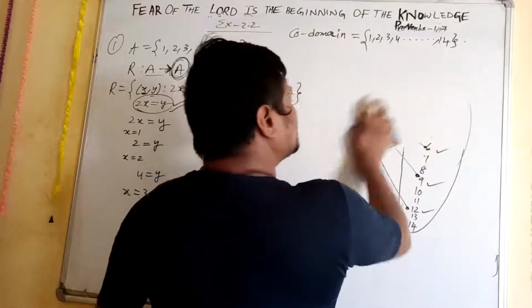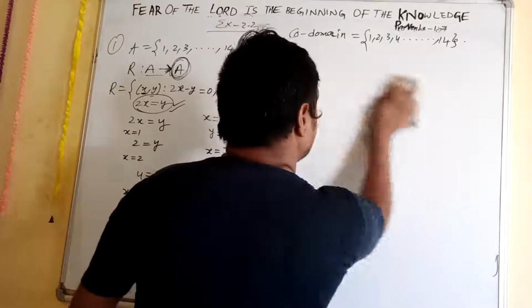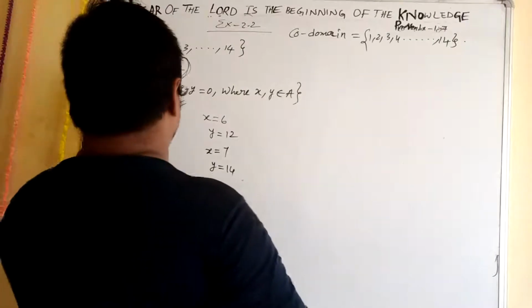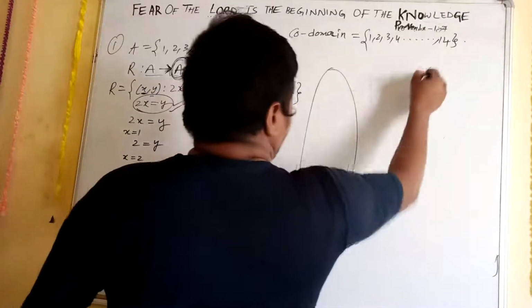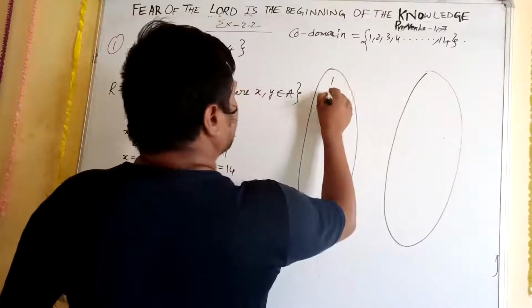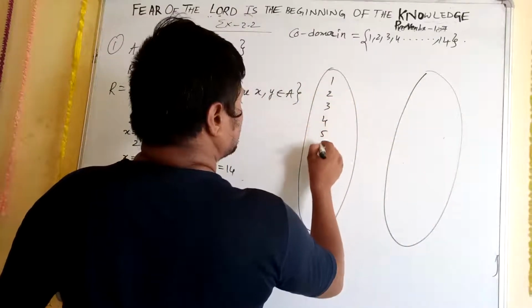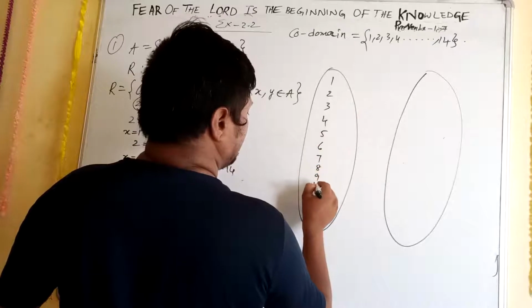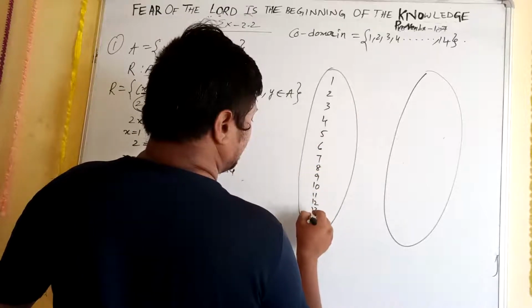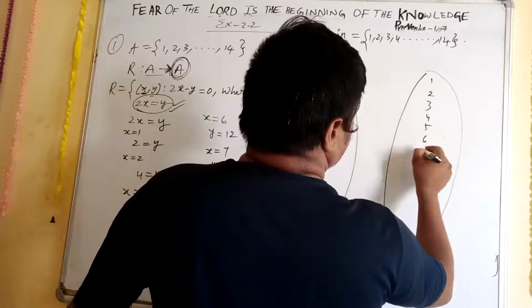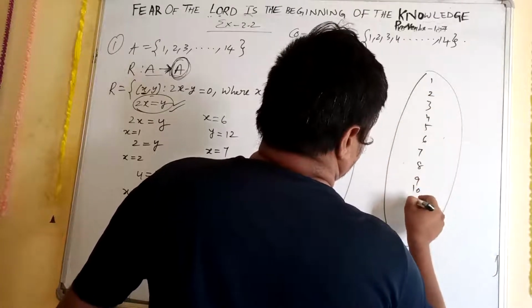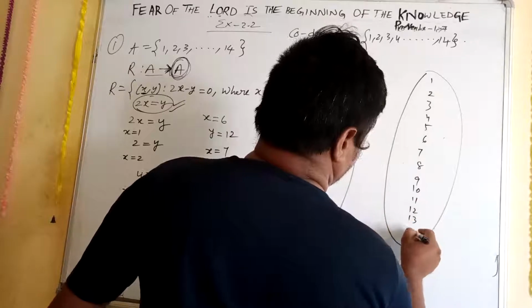So now, for the question I was given, observe this carefully now. 1, 2, 3, 4, 5, 6, 7, 8, 9, 10, 11, 12, 13, 14. And again 1 to 14. Right?